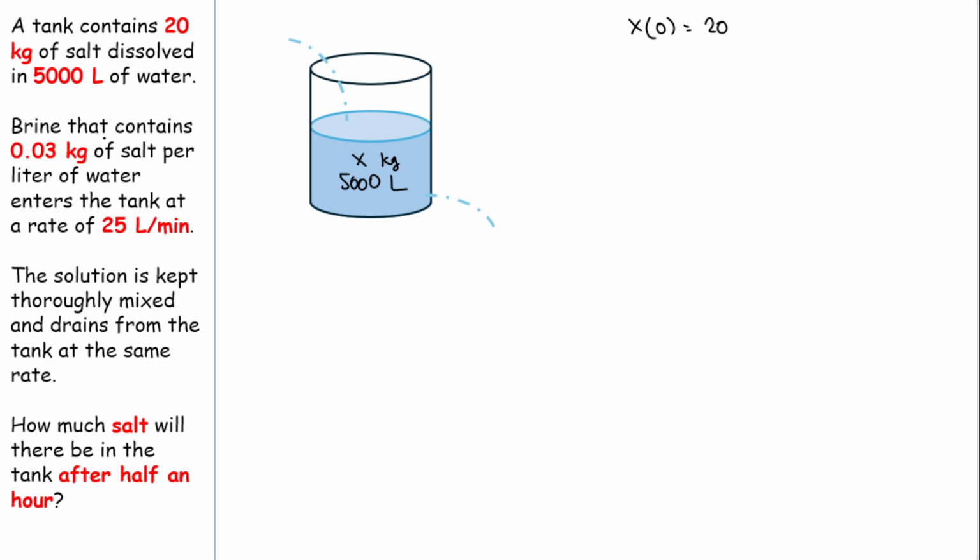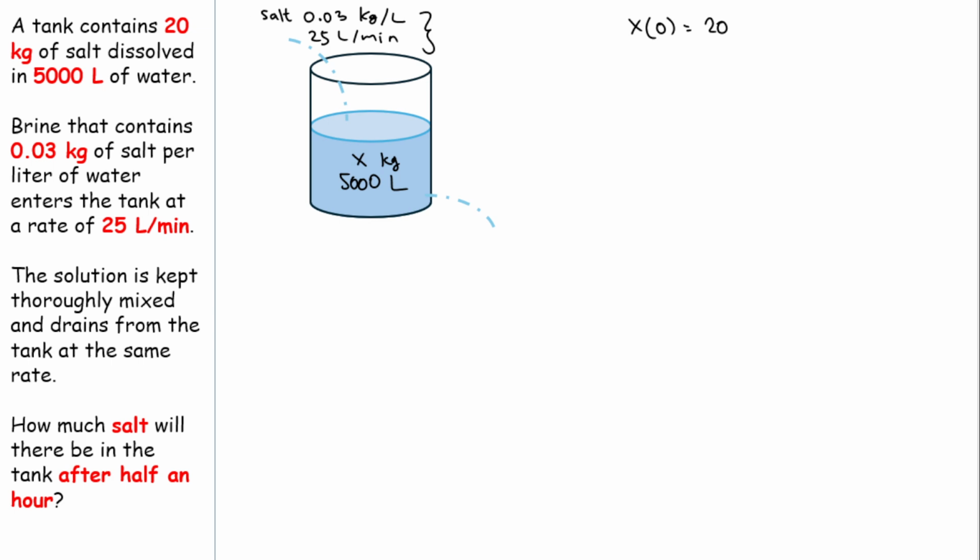Brine that contains 0.03 kilogram of salt per liter flows in at a rate of 25 liters per minute. That is the rate of the brine, but we need to find the rate of the salt.